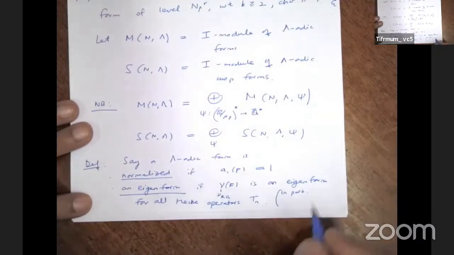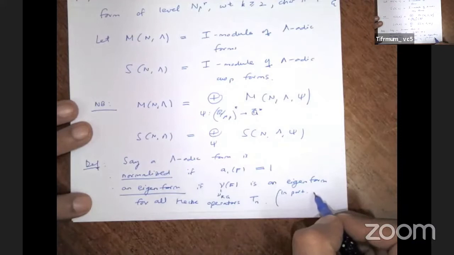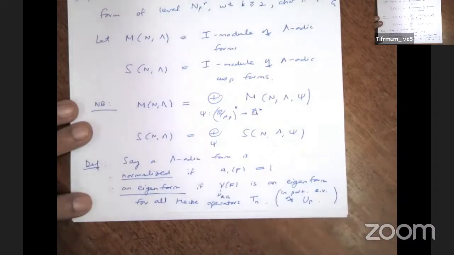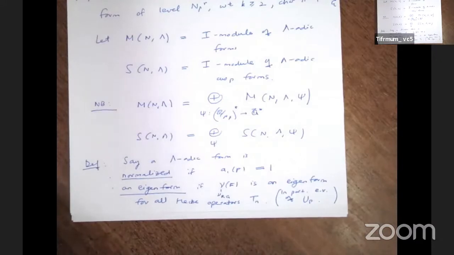In particular, an eigenvector of the U_p operator. Okay, T_p is called U_p, it's just a different name, but there's a reason why it's called U_p. The reason is that the Hecke operator T_p in general has a summation over p plus 1 things, but when p divides the level, it's a sum over p things.